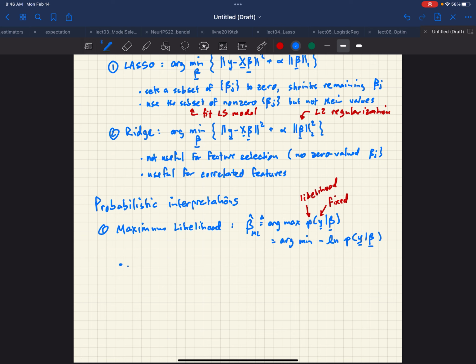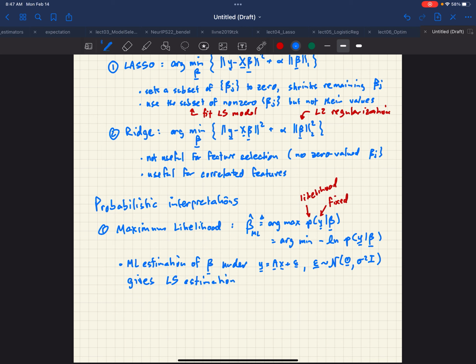One example of this, we saw that ML estimation of beta under the model y equals Ax plus epsilon, where epsilon is Gaussian, zero mean, white noise, if you apply maximum likelihood to this model, you get least squares estimation.